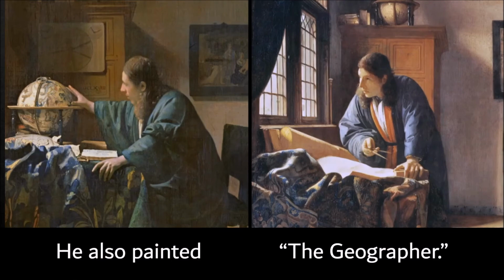And you can see here very plainly the two paintings that Vermeer has painted that he is most famous for. There's another one too, but these two are two of the three of his most sought after. The one on your left is called the Astronomer, which we've just looked at. The one on the right is called the Geographer. And think about that.